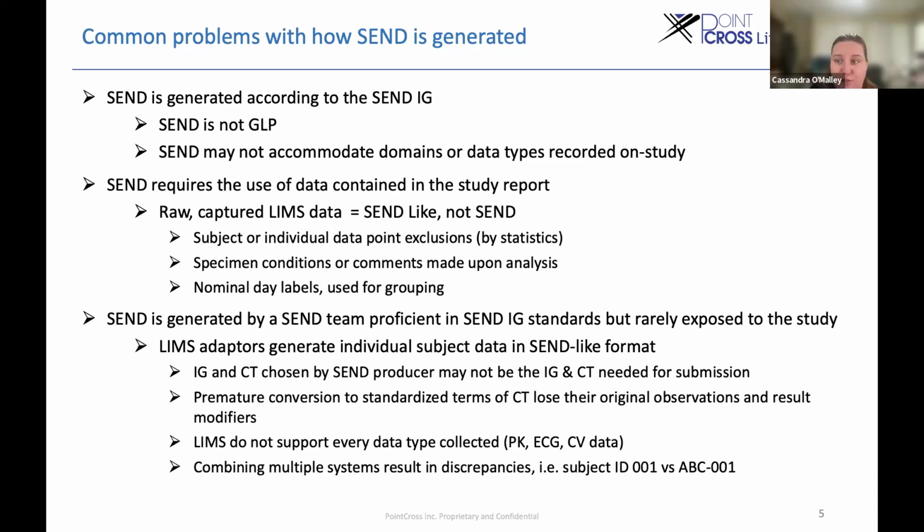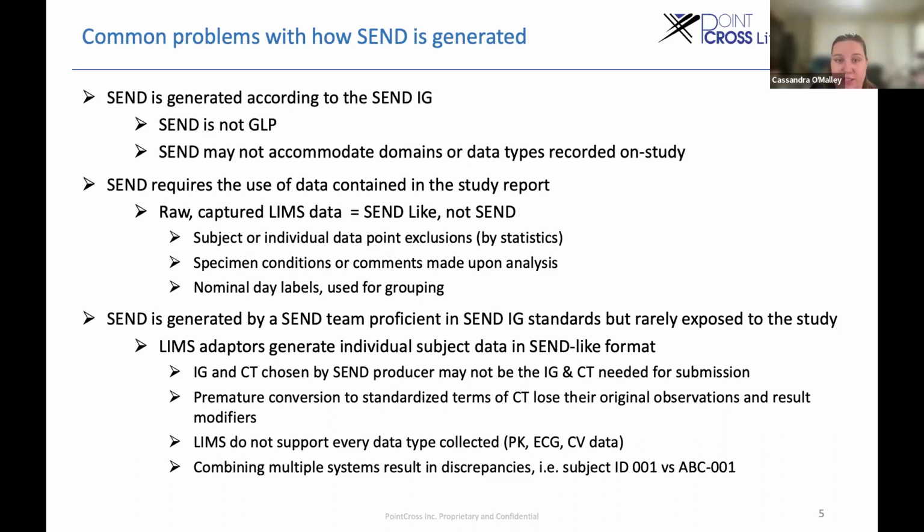Premature conversion of controlled terminology loses the value of the original results. The collection systems do not collect all the information that is being studied. There are multiple test sites being used. For example, the LIMS systems do not necessarily support the EG collection, versus another one might support that but doesn't collect the PK information.